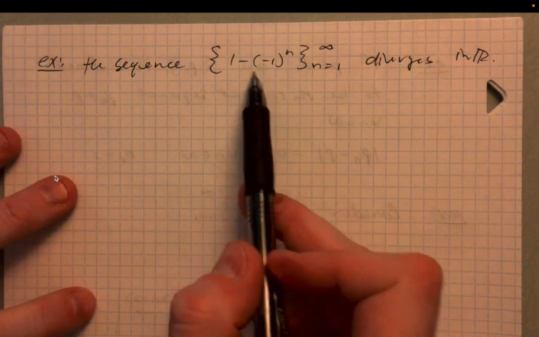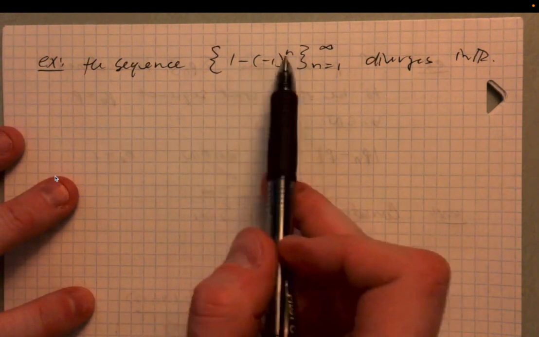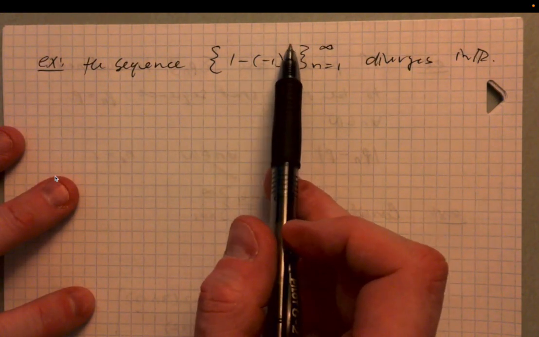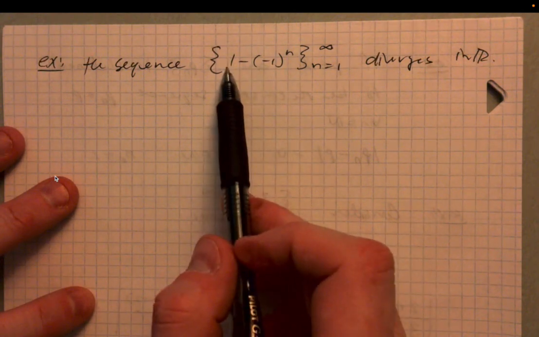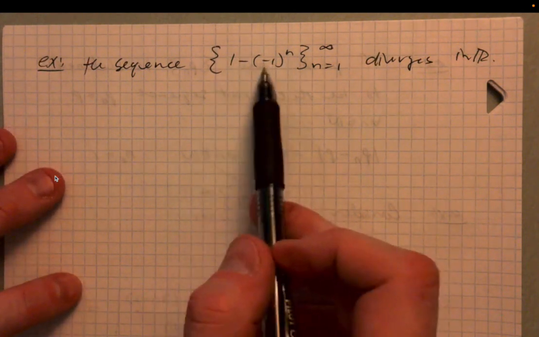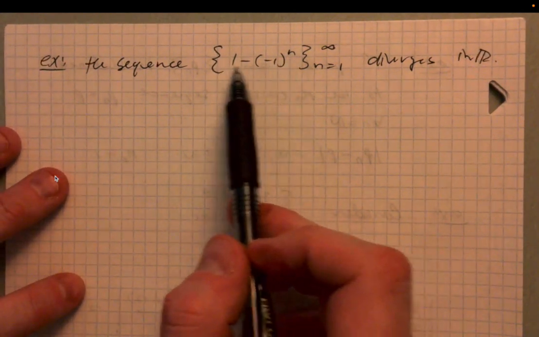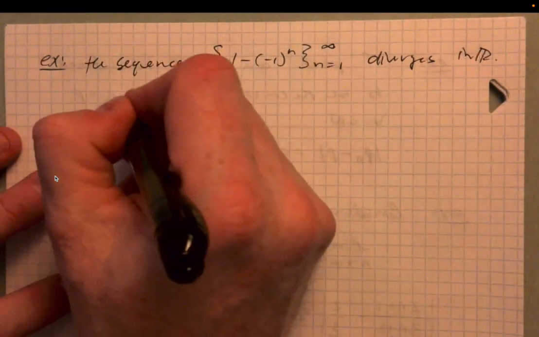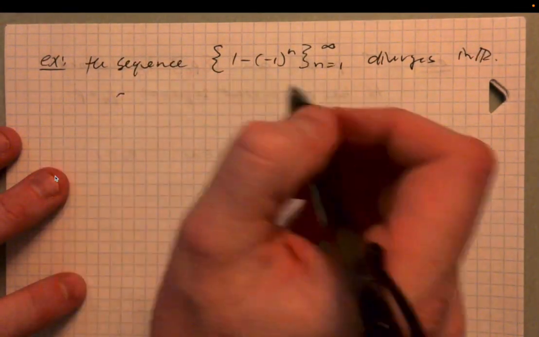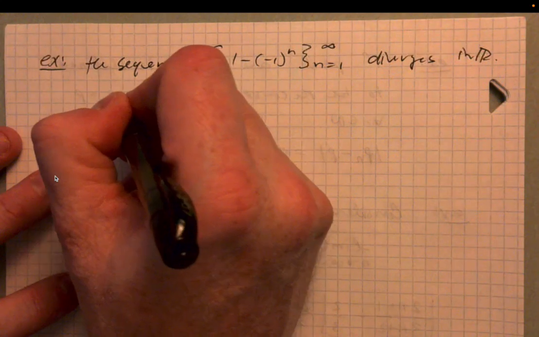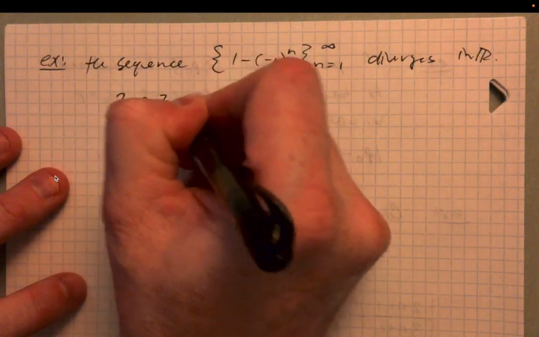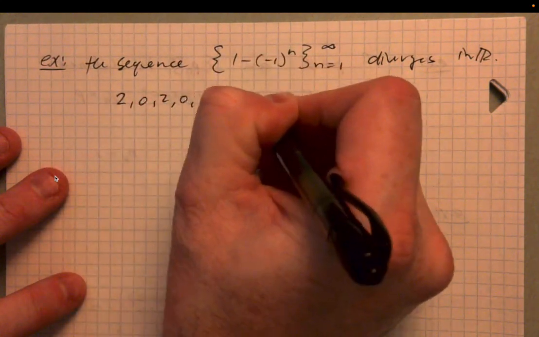And we know that if you plug in 1, you get 2. You plug in 2, you get 0. You plug in 3, you get 2. So this thing oscillates between 2 and 0, right, forever.